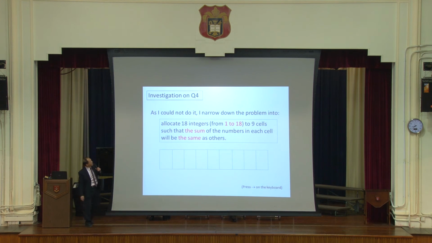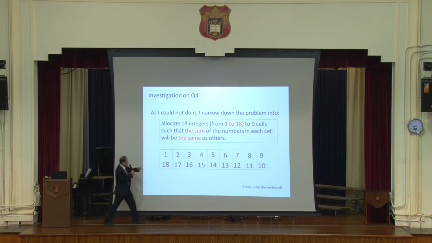Because I cannot do it, I narrowed down the problem into allocating 18 integers into 9 cells such that the sum of the numbers in each cell will be the same. I think this could be done because it's a little bit simpler, right? I do it this way, 10 here.